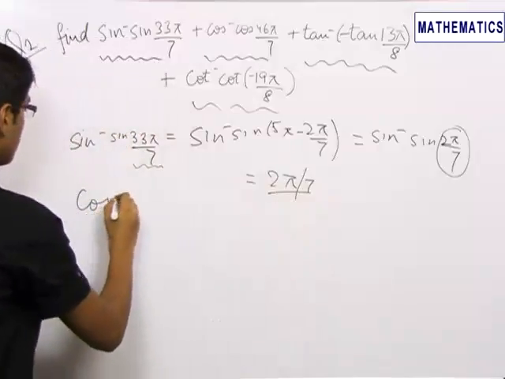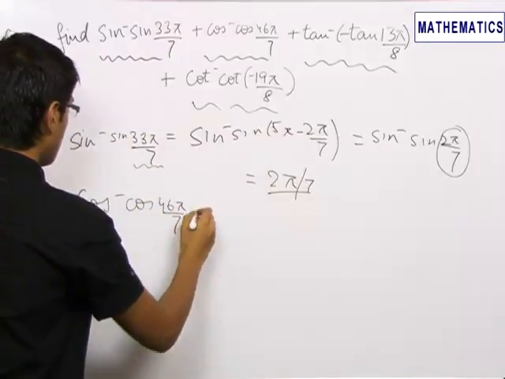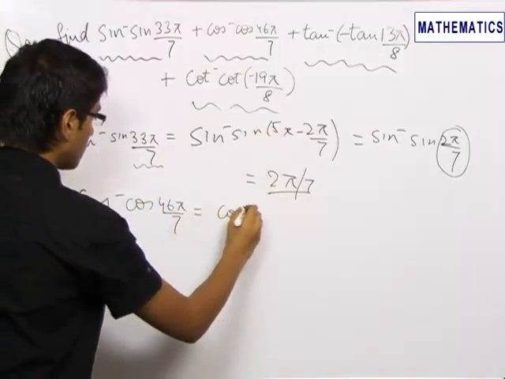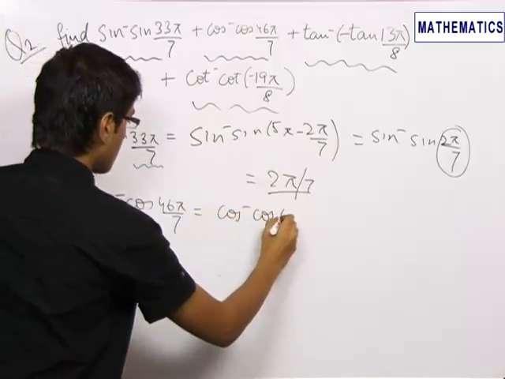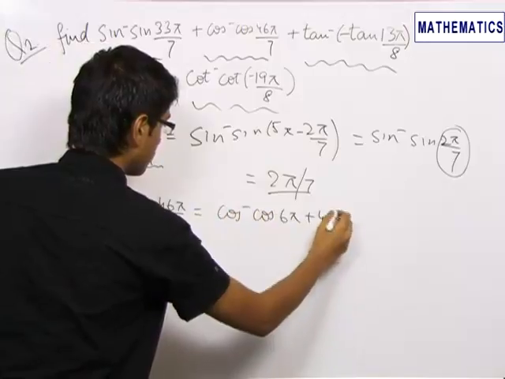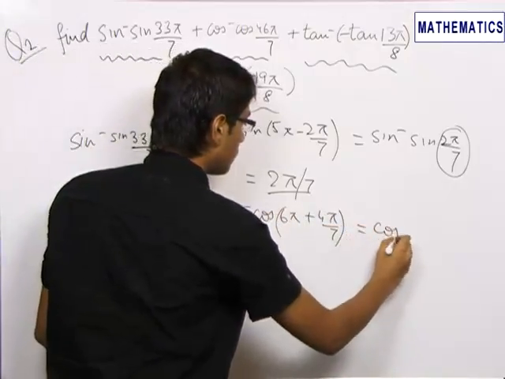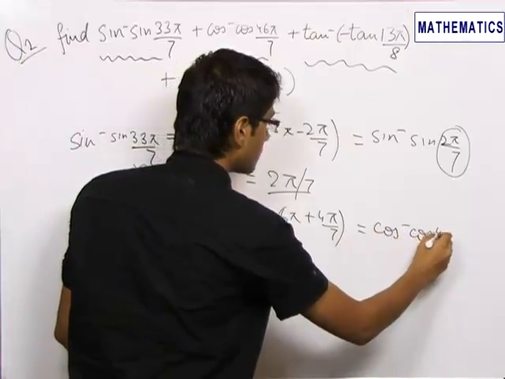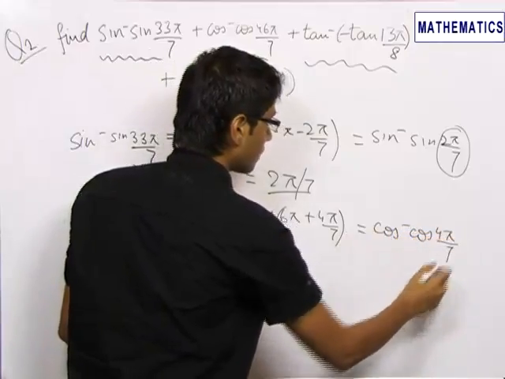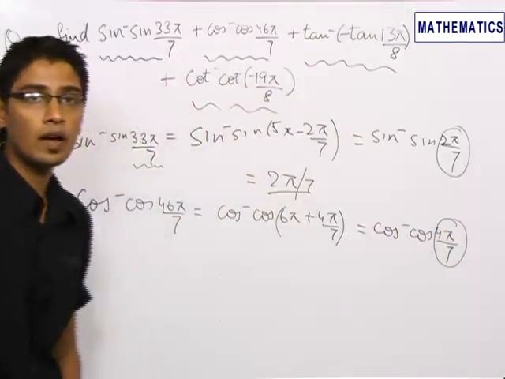Now cos inverse of cos 46 pi by 7 can be written as cos inverse of cos 6 pi plus 4 pi by 7. This is equal to cos inverse of cos 4 pi by 7. Now this given value has come in the range of 0 to pi.